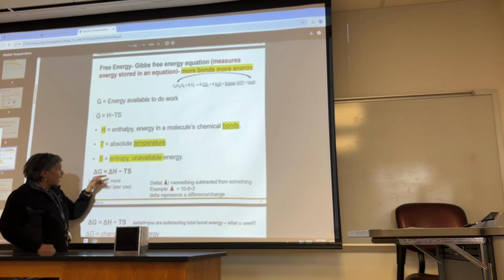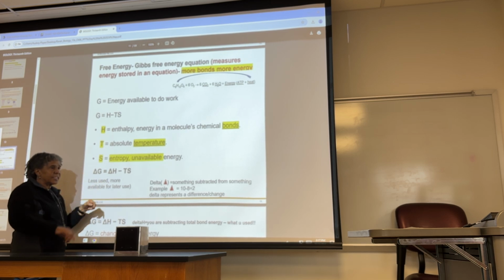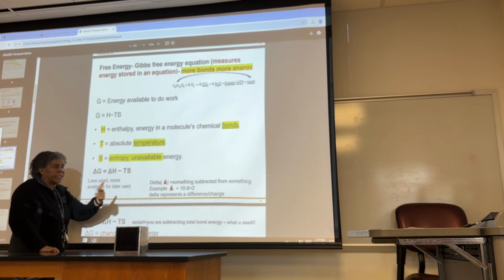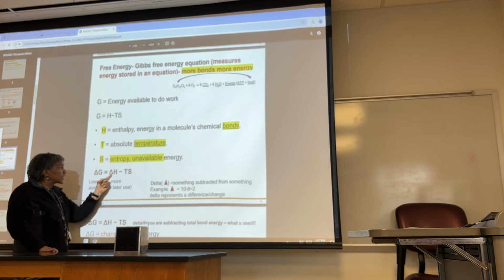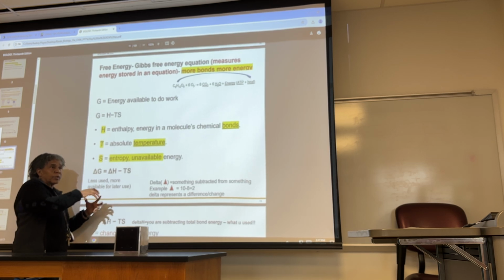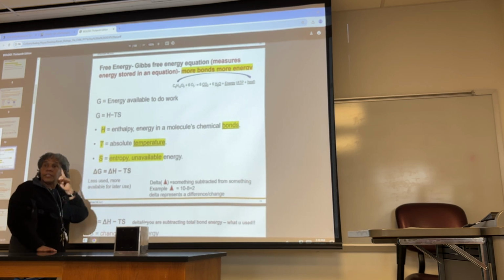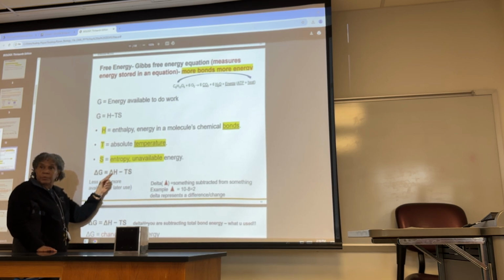So H by itself is total bond energy, but delta H is a change in the bond energy, meaning how much you've used. You want to use as little as possible. Delta is the change from what you've used minus the total amount. So you want this number to be as small as possible.